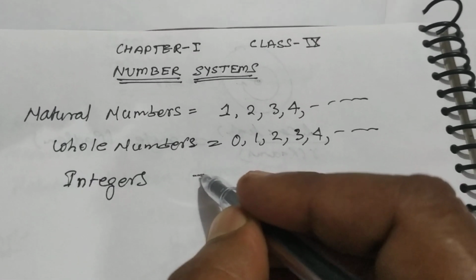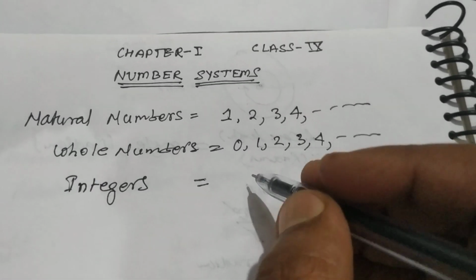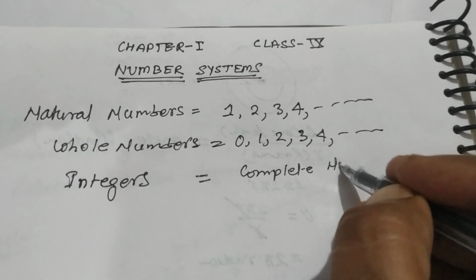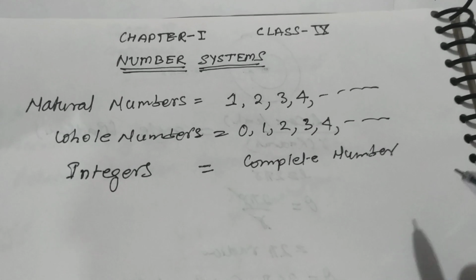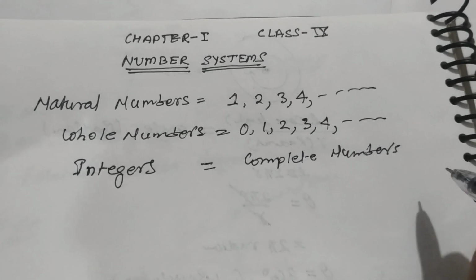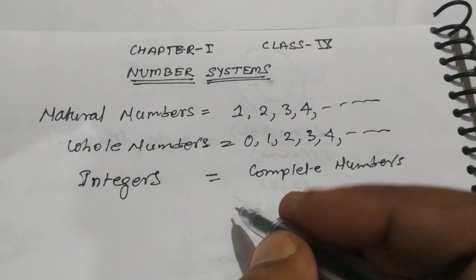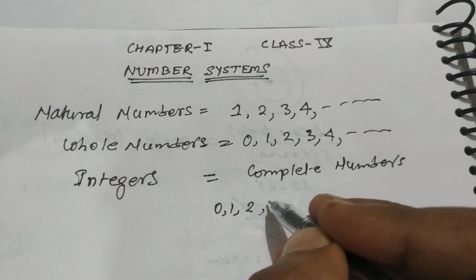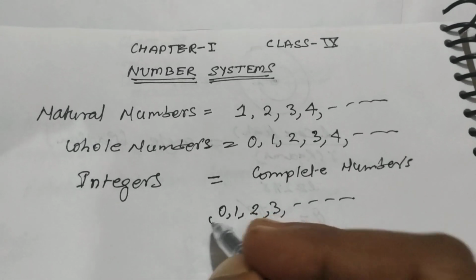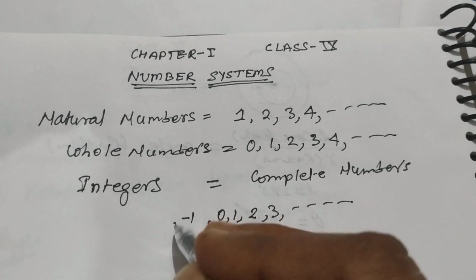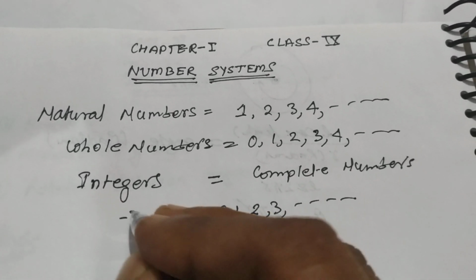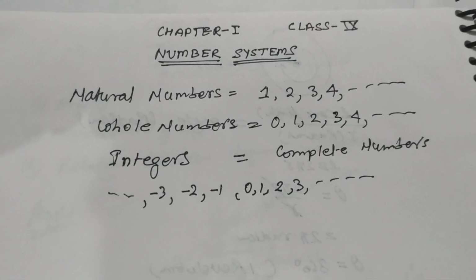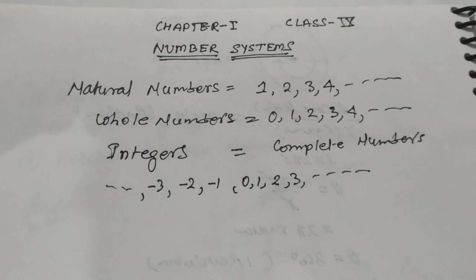The integers are basically called the complete numbers. These start from 0 to positive: 0, 1, 2, 3, dot dot to infinity, and this is -1, -2, -3, dot dot dot, to minus infinity.